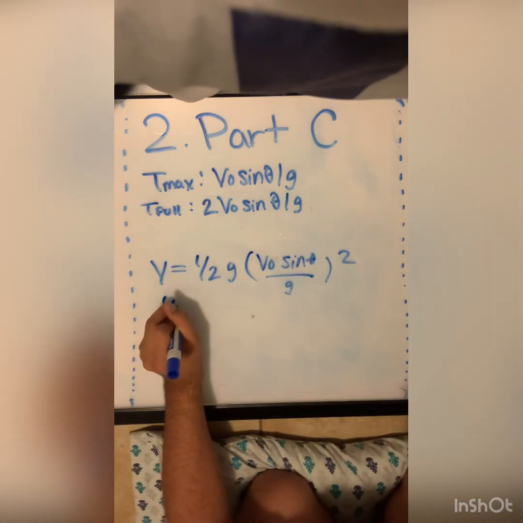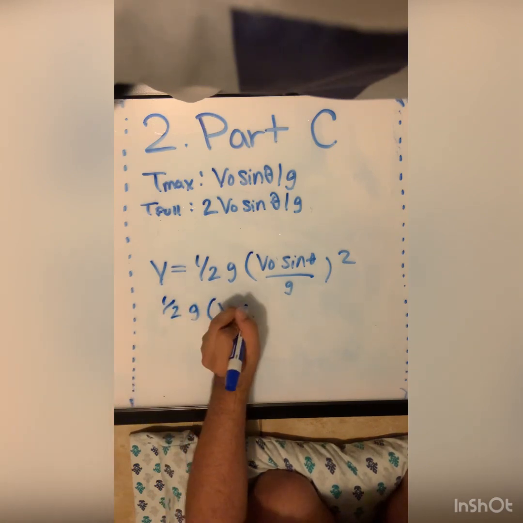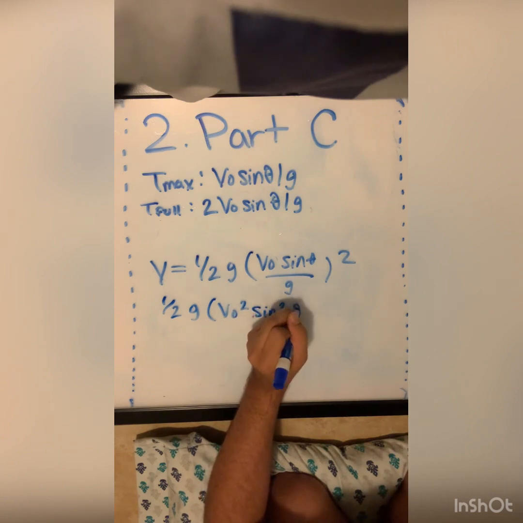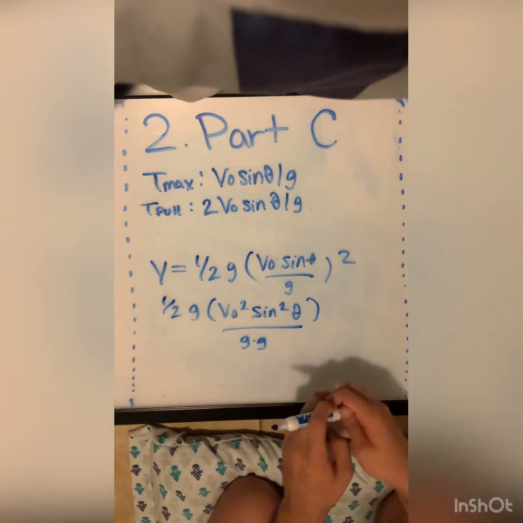So we have half times g times velocity squared and sine squared divided by g squared.